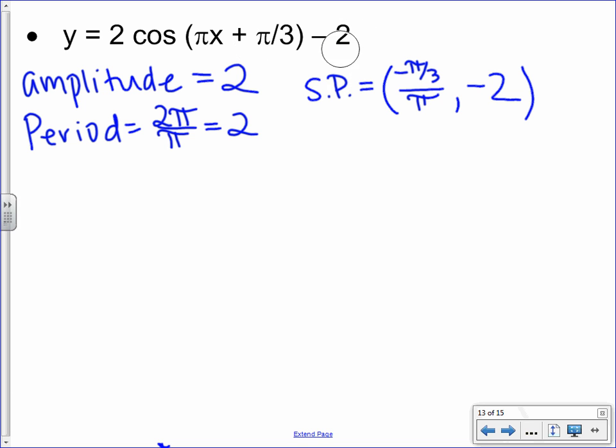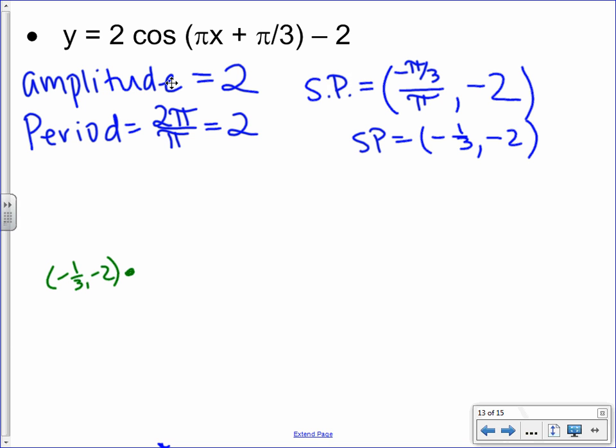So our starting point is negative 1/3, negative 2. We're going to draw our frame, and then later we will worry about where the x and y axes are.